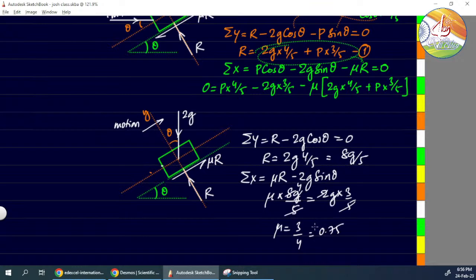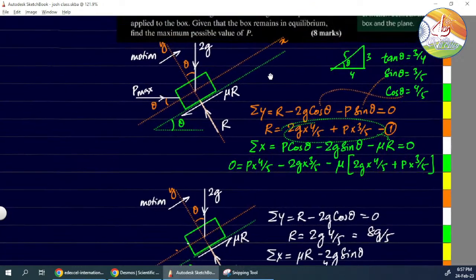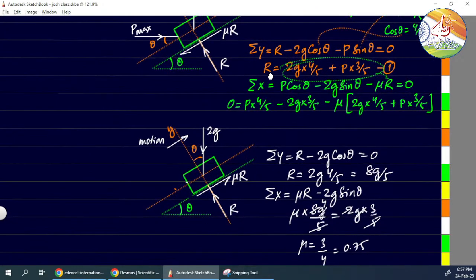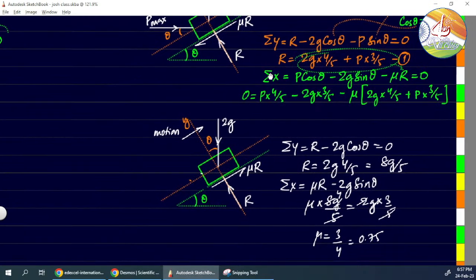Yes, sir. That will be a very high value. We don't usually get 0.75. Have you made any mistake? Check it. It's correct. 3 by 4, yes, that's correct.